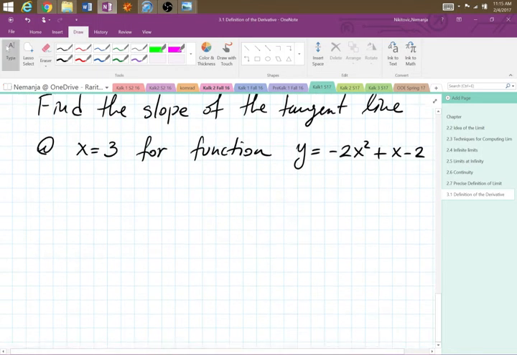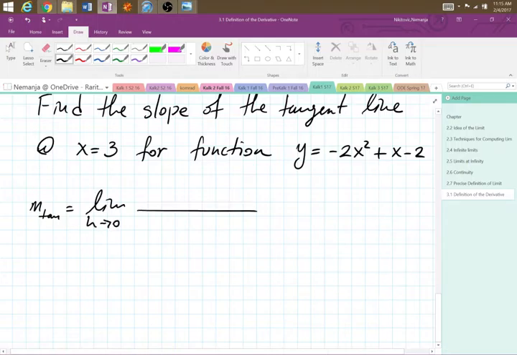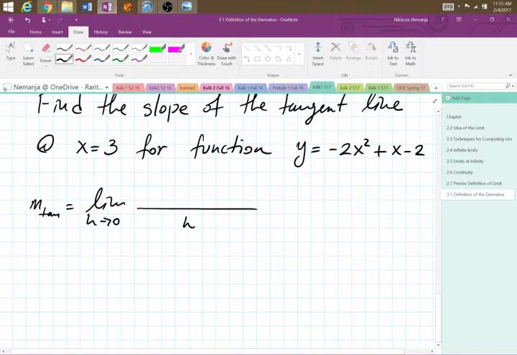So we start by writing that the slope of the tangent line is going to be equal to the limit as h goes to 0. That's the standard. It's going to be divided by h. That's standard. We're going to have f of 3 plus h minus f of 3. So you are memorizing the formula. You should already know it.